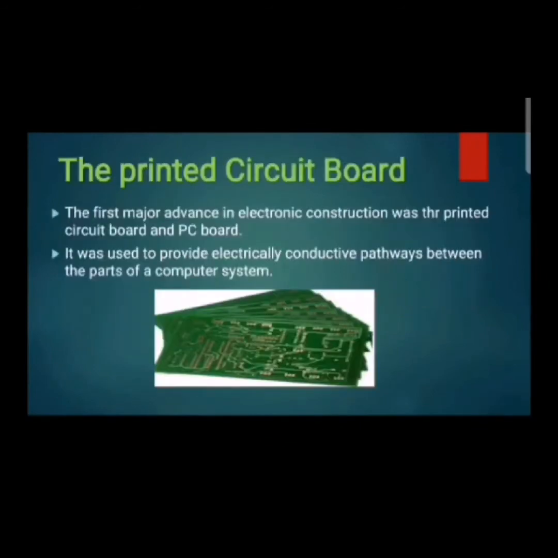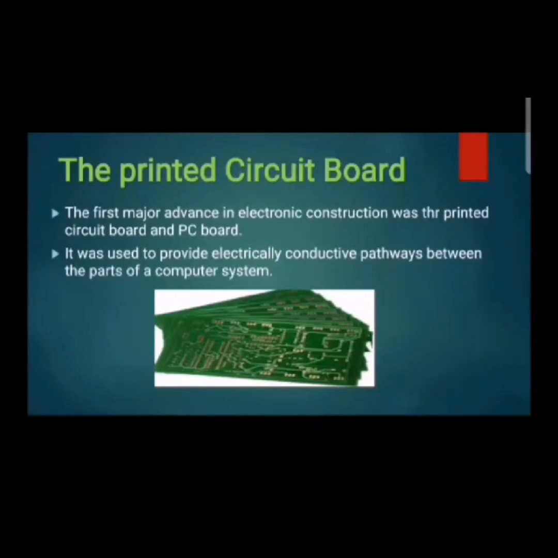And what is the printed circuit board? In the earliest electronic equipment, primarily radio equipment, was constructed by attaching parts to a metal frame and connecting them with wire. The first major advance in electronic construction was the printed circuit board.